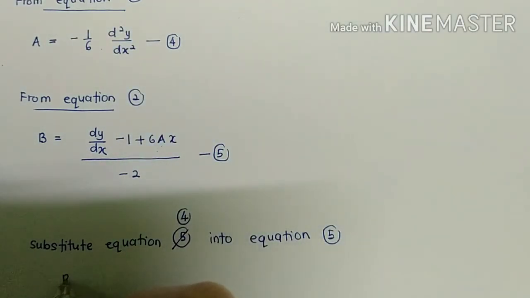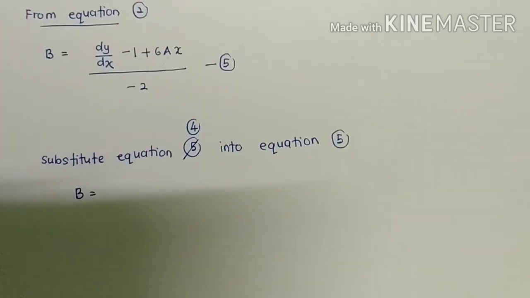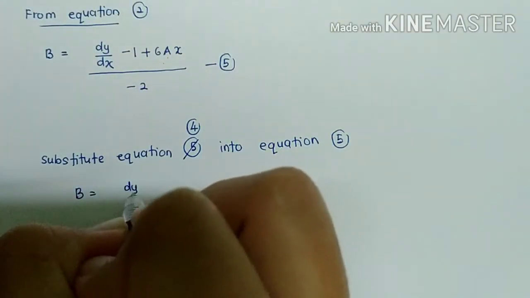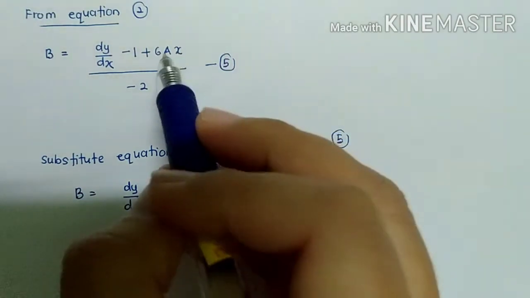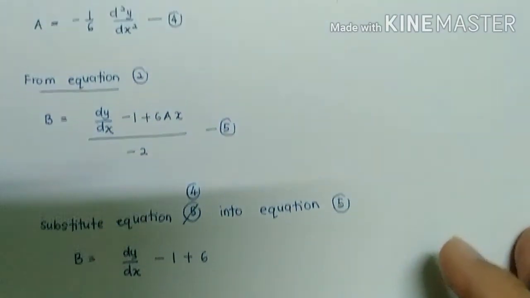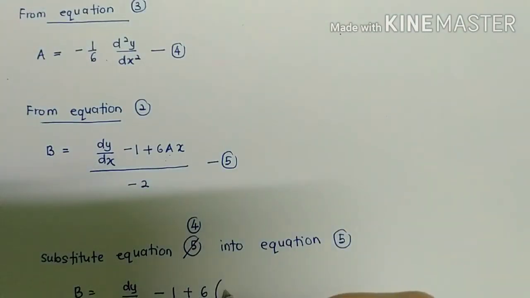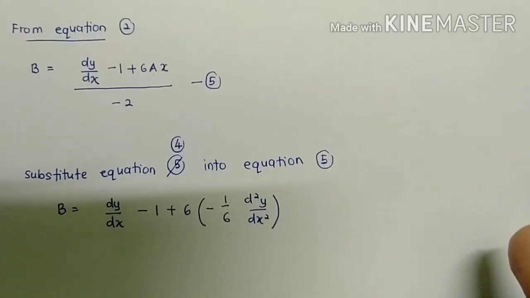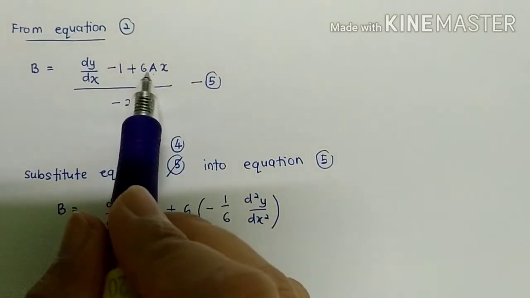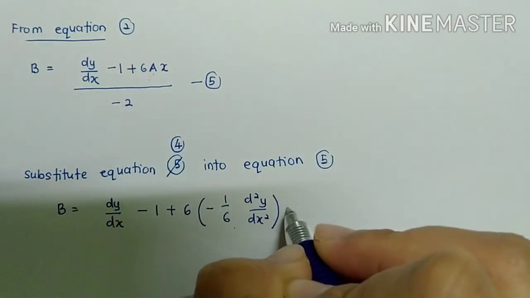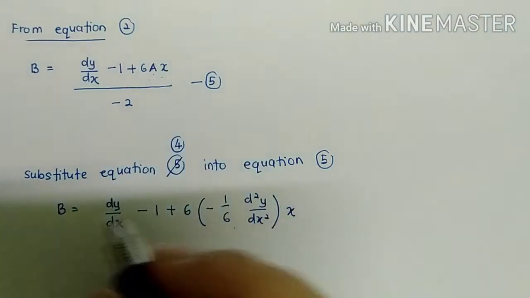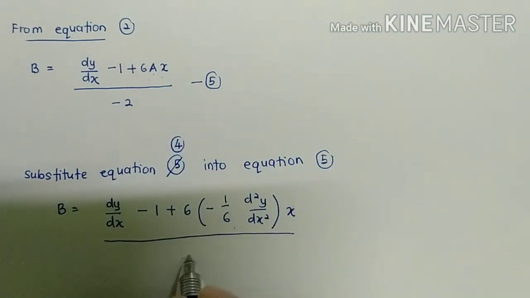So b is equal to dy dx minus 1 plus 6ax. So a from equation 4 is negative 1 over 6 d square y dx square. So 6ax, this 6a is our a from equation 4, and then we have x, and divided by negative 2.